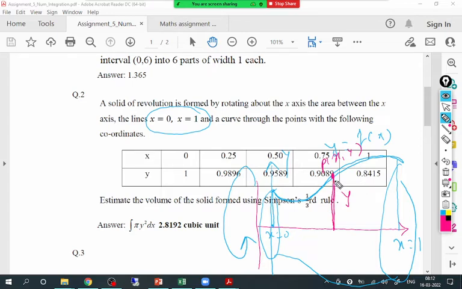So I will take a small disk of thickness dx. Say dx is the thickness of this disk. Suppose I take a strip of thickness dx, and if I rotate this strip along the x-axis, this strip will give us a circular disk.